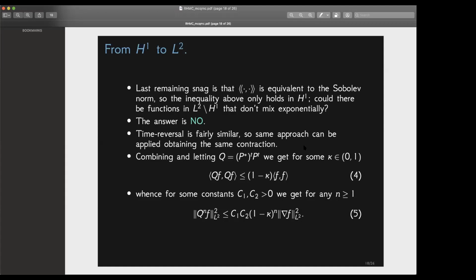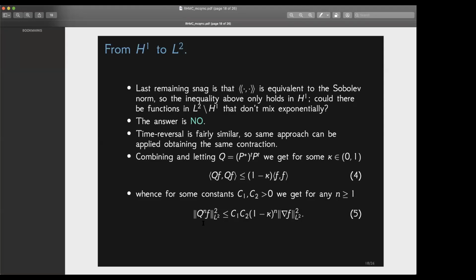So, for instance, in the convex smooth case, are your rates different when you obtain them from H1 or from Wasserstein? Is the result that you get in L2 from the Wasserstein coupling strictly weaker than the H1, or is there some distinct difference?